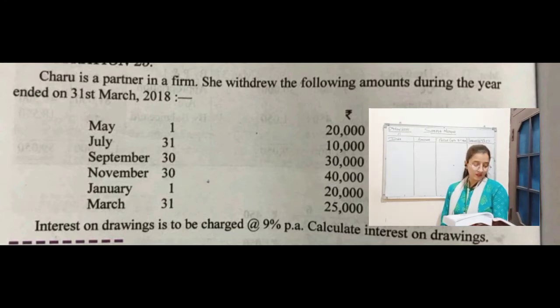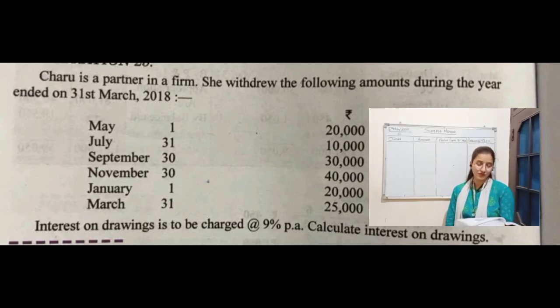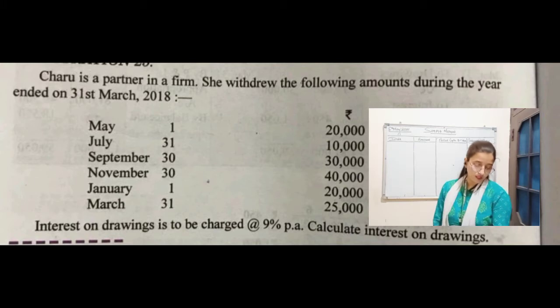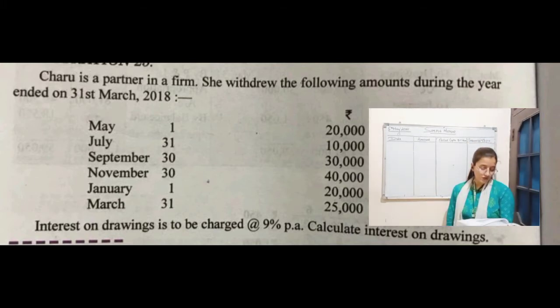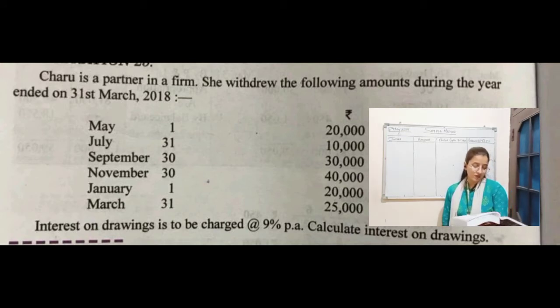Then 30th September, 30,000. After that, November 30, 40,000. Then 1st January, 20,000. 31st March, 25,000. Interest on drawings is to be charged at the rate of 9% per annum. You have to calculate interest on drawings.